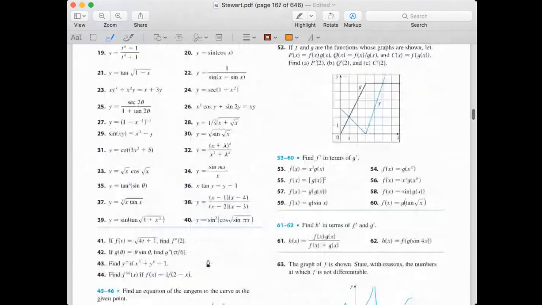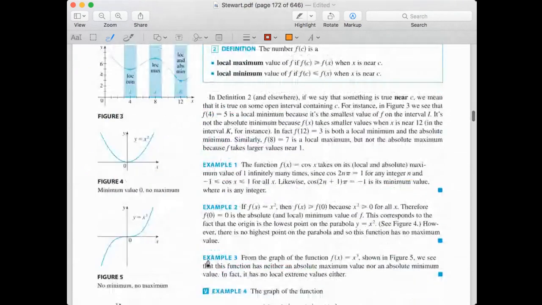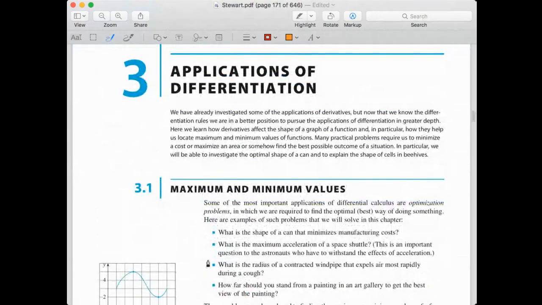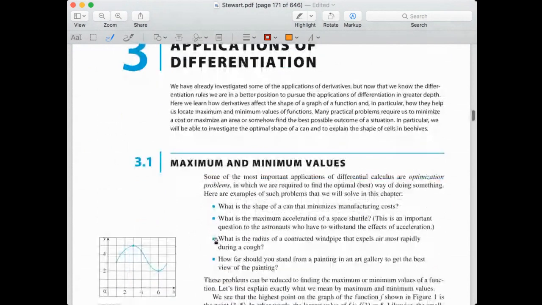So we're going to chapter 3 and talk about maximum and minimum values. Think about a linear function. If the domain runs over the whole real number line, we will never have a minimum or maximum value unless we restrict the domain. A linear function goes in two directions.